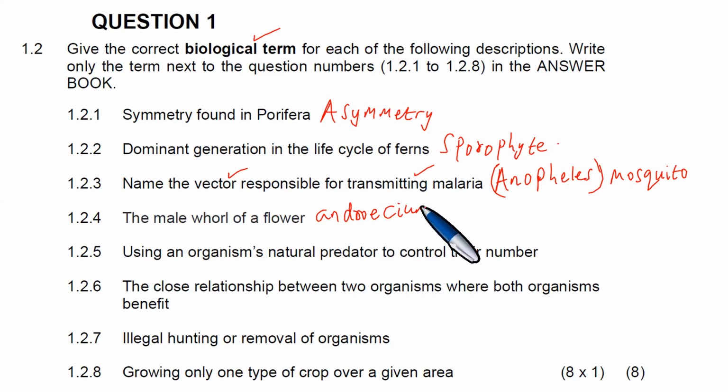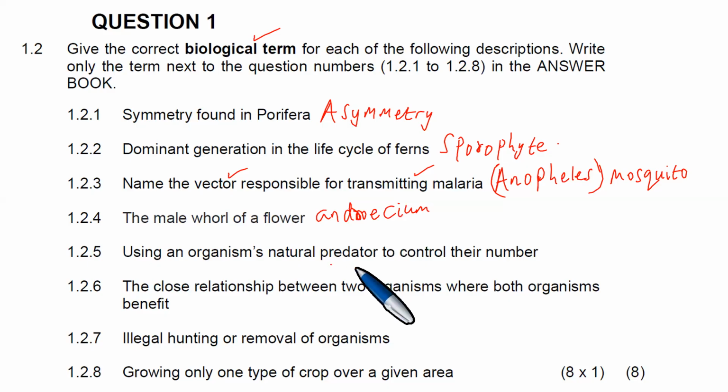Right, that is the Androecium. The Androecium is the male whorl of a flower. We are here to discuss flowers anyway, but now I'm just discussing the terms you need to know for exam purposes. We are here to discuss flowers and the components of flowers.